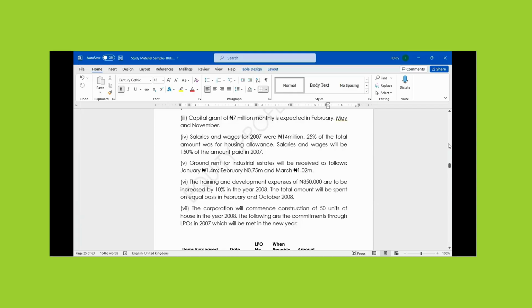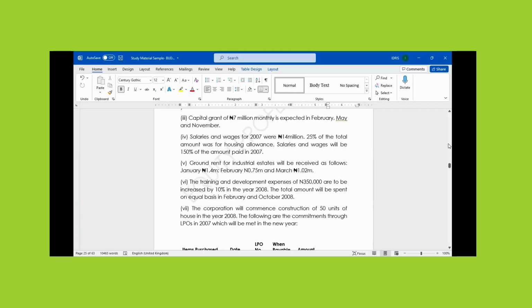Minus it from the 14 million, that is 11.5. 11.5 times 150% is 17.250.